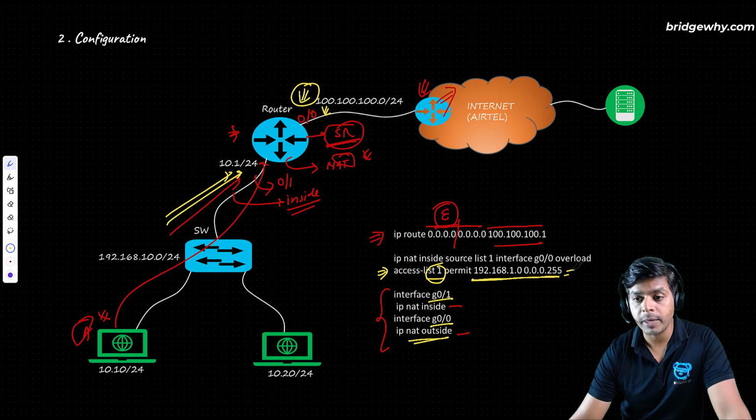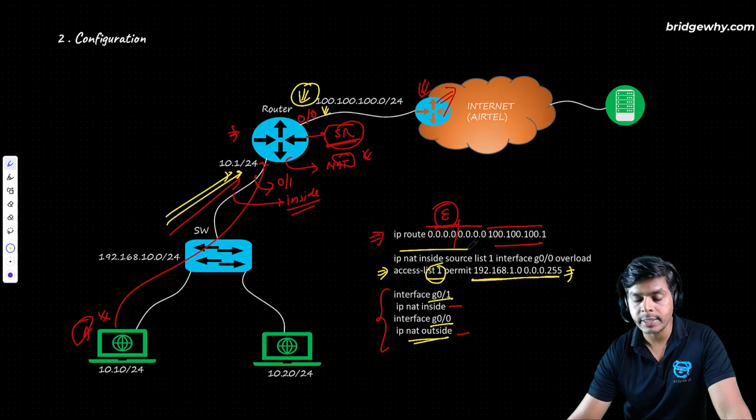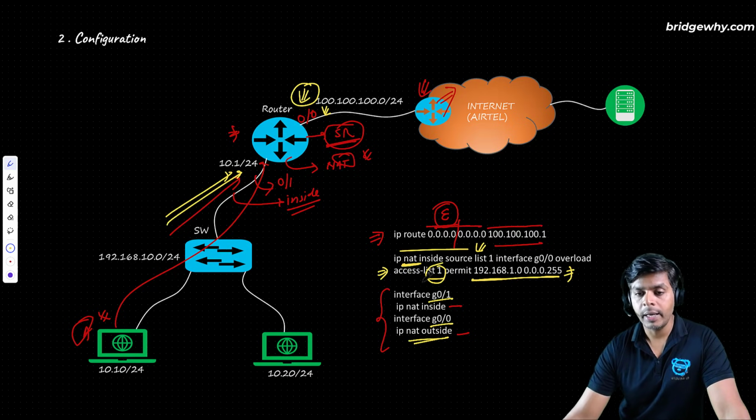Permitting for what? Permitting to do NAT. And I am using this access list here in my NAT command. I am saying whatever is coming on the inside port, just change the source address, whatever the source address which is matching this range, to whatever I have configured on interface 0/0.